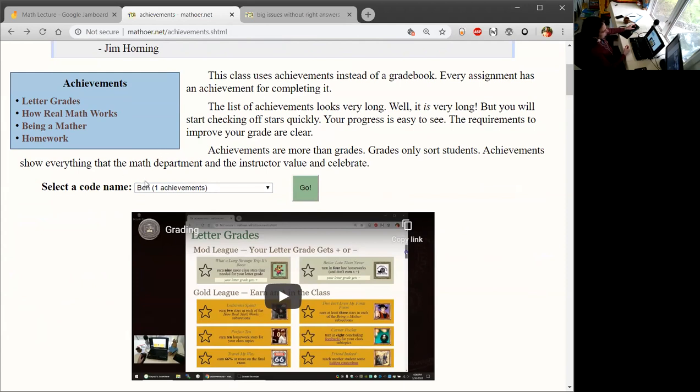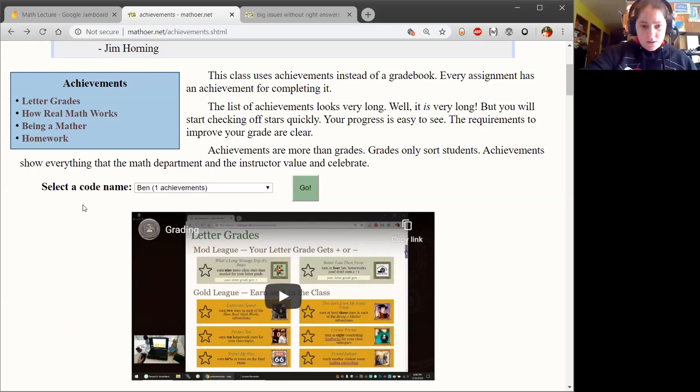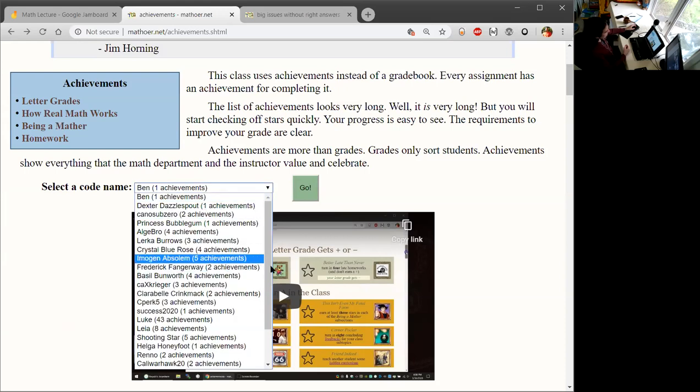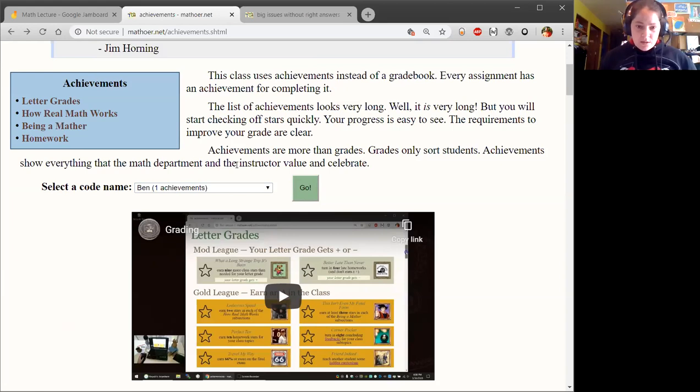This is something that everyone in the world could see if they really wanted to. So we don't want to put your first and last name on it. So then I just go click on that and then go find my own code name. If you've given me a code name, it will be here somewhere. Yes, okay, I haven't. There, okay. Okay, so I let you know what my name wants to be.